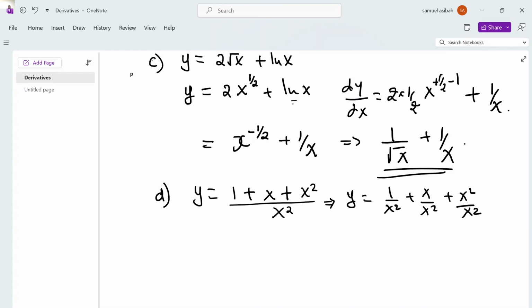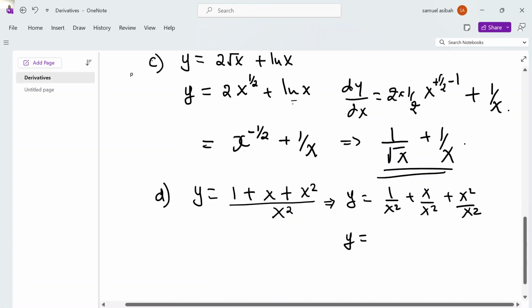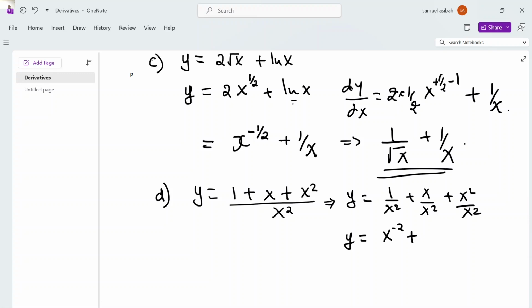Then you can simplify each of the parts. So this one can be rewritten as x raised to negative 2 plus, when you divide, this is raised to 1, so it will remain x raised to negative 1, and then the final one will be 1.